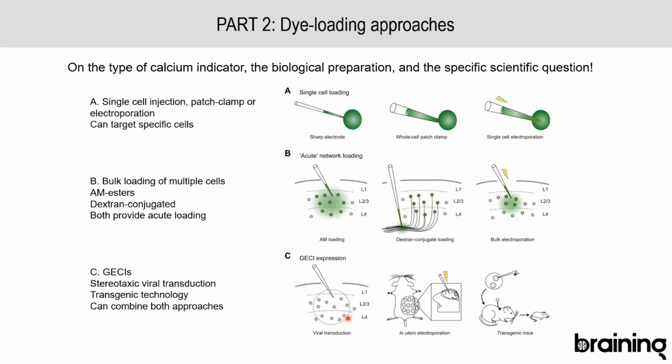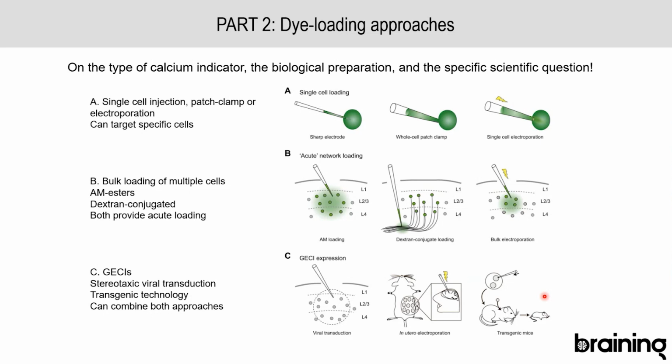And here is the same thing. How we will inject the virus in the specific brain area that we want to evaluate. Okay, we can do this in utero electroporation, and the pups will have this expression in their cells, or we can, of course, produce transgenic mice with the inclusion of these proteins that will be used to quantify the calcium signaling.